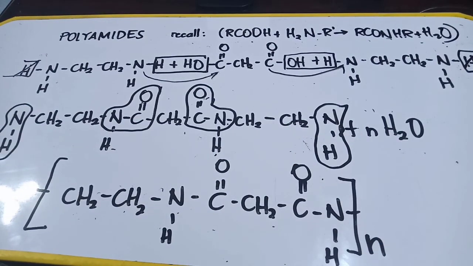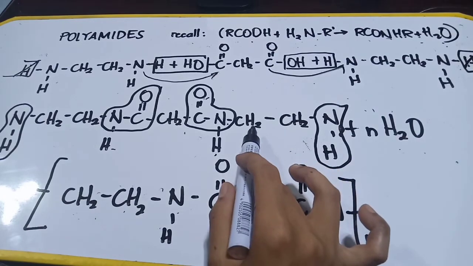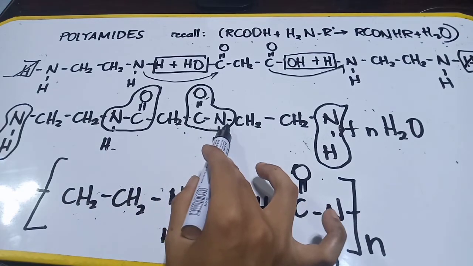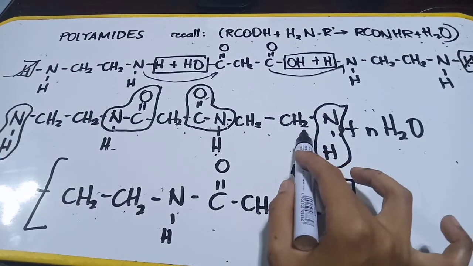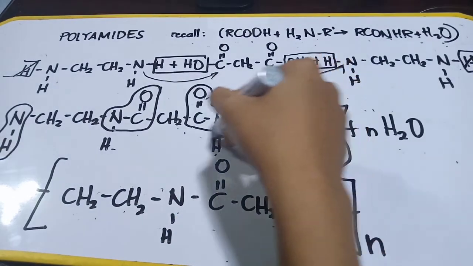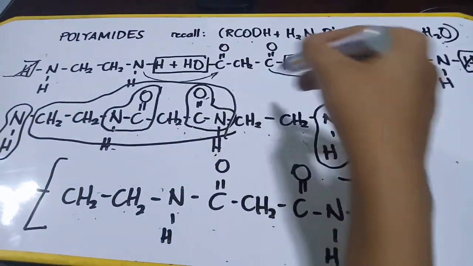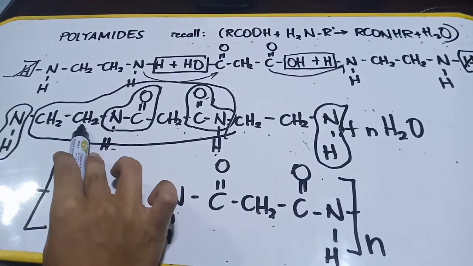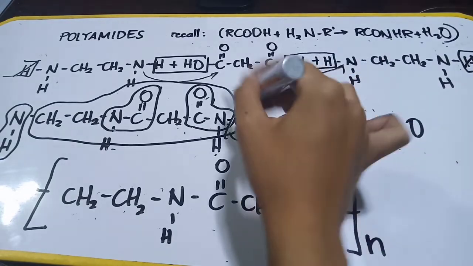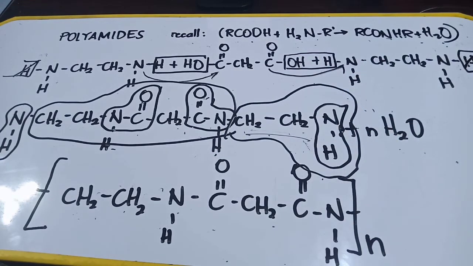Now, this is the polymer notation of this reaction because, as we can see, CH2, N, C, CH2, C, N, CH2, CH2, N. This is the pattern, wherein we repeat the CH2 and CH2 again here. This is how we find everything.